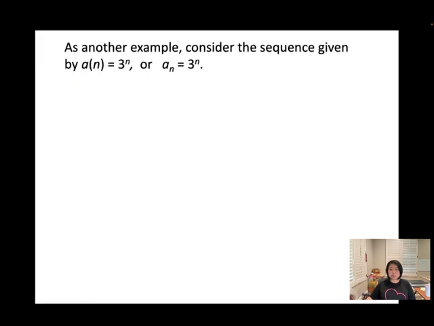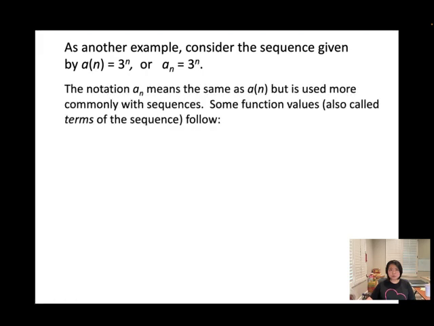As another example, consider the sequence given by a of n equal to 3 to the power of n. Or sometimes we could write a_n equal to 3 to the power of n. The notation a_n means the same as a of n, but is used more commonly with sequences.